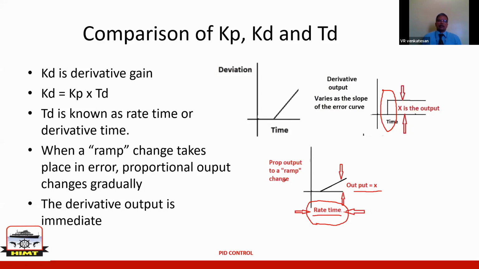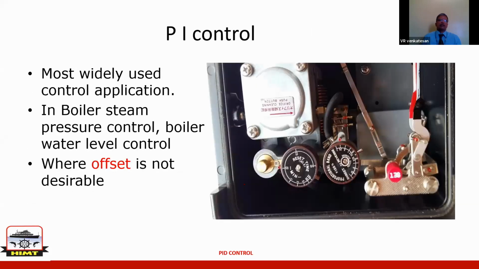Derivative works first, proportional follows, and it takes time. In the controllers, this is what is adjusted. Many of you would have seen controllers where derivative control is also there.